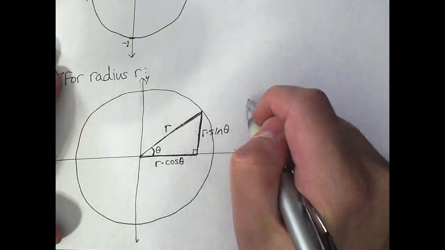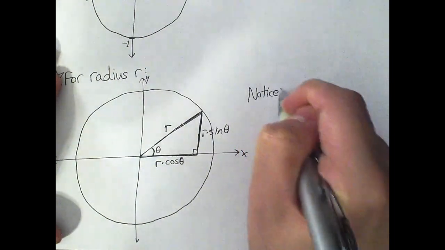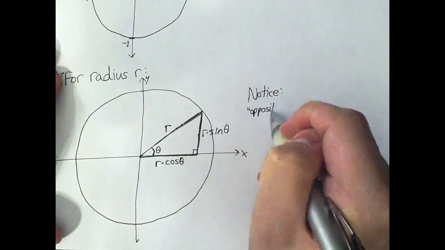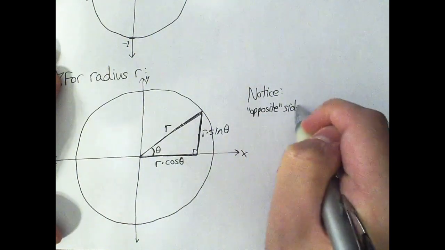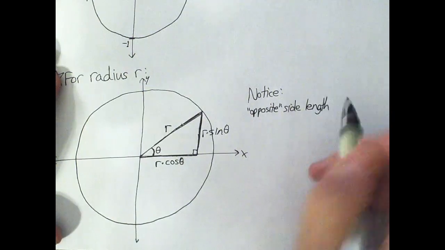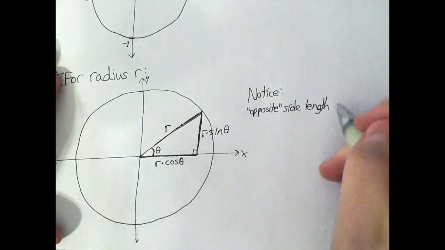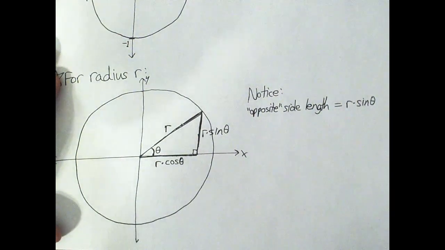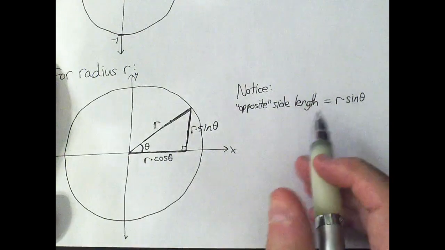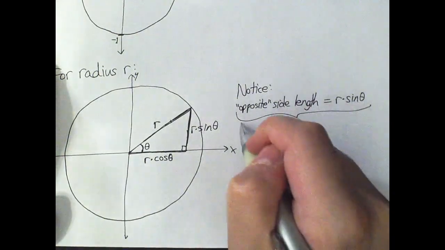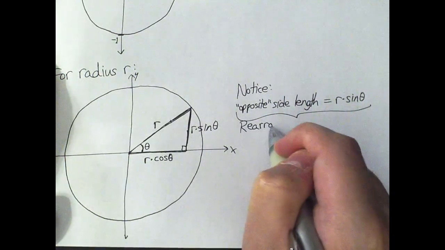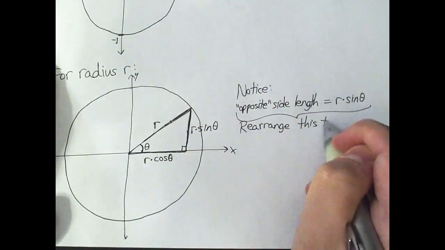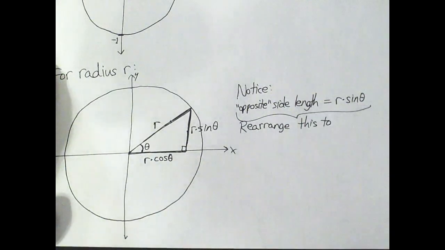Now, I want to say over here, notice that the opposite side length, we have a specific one that we call the opposite. It equals r times sine of theta. We can rearrange this equation. That is an equation, by the way. Opposite equals r times sine theta.